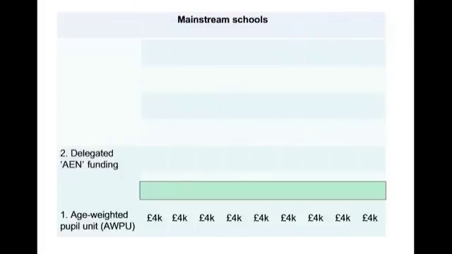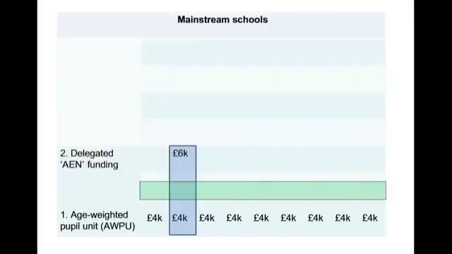So, for many of the pupils in this school, the school will only draw on the £4,000 or somewhere in the region of £4,000 in order to fund their education. For some pupils, they may need to draw on that notional SEN budget to fund anything up to £6,000 worth of additional provision.